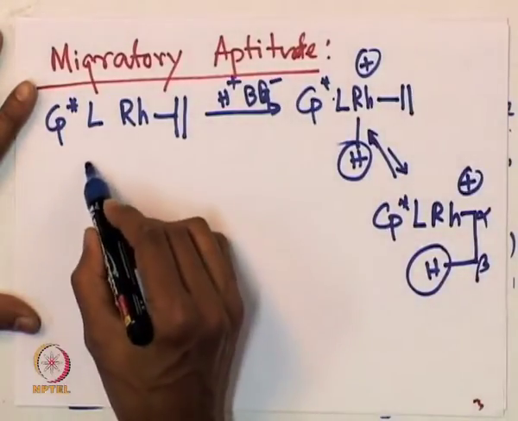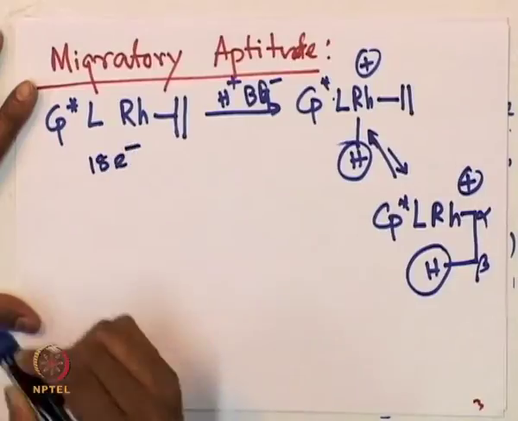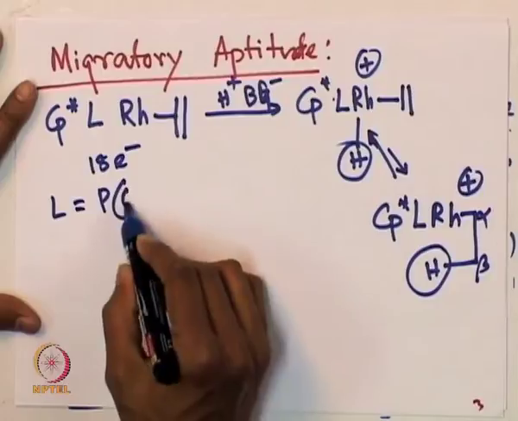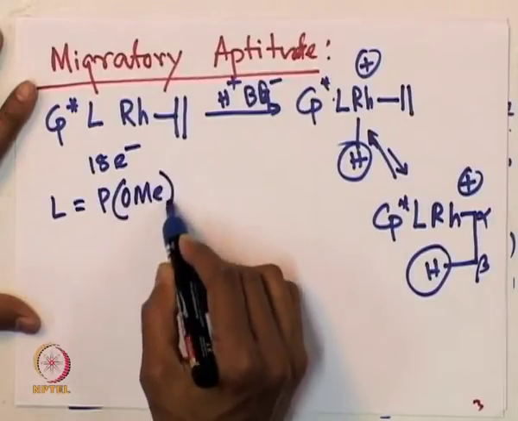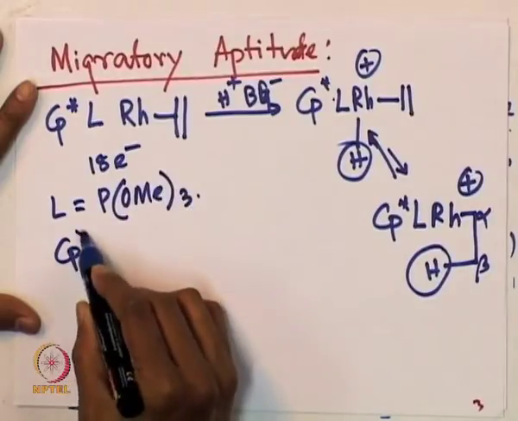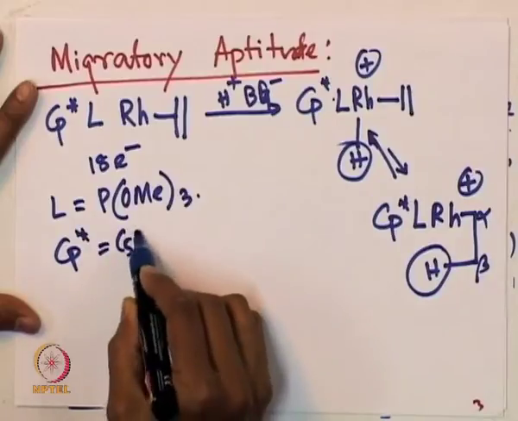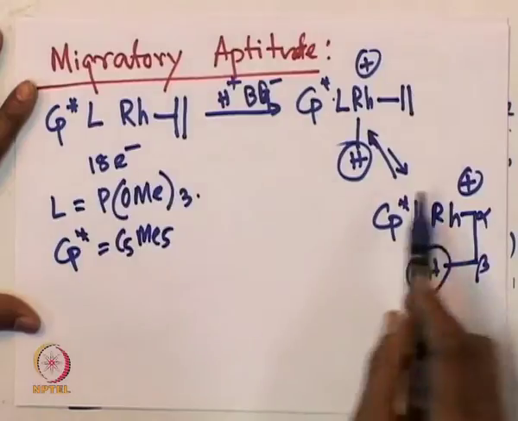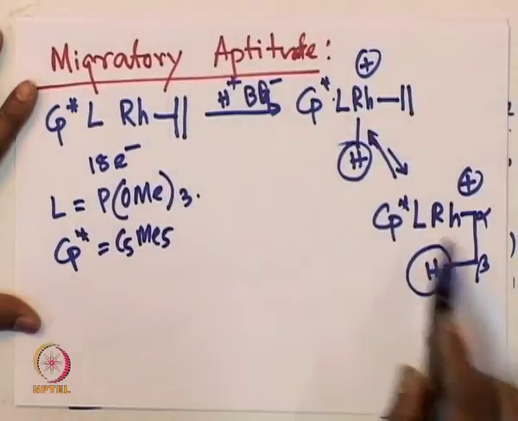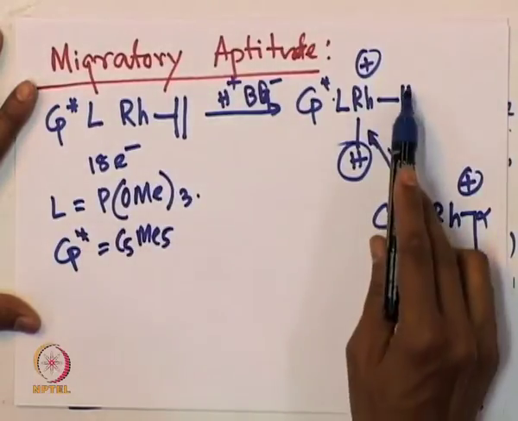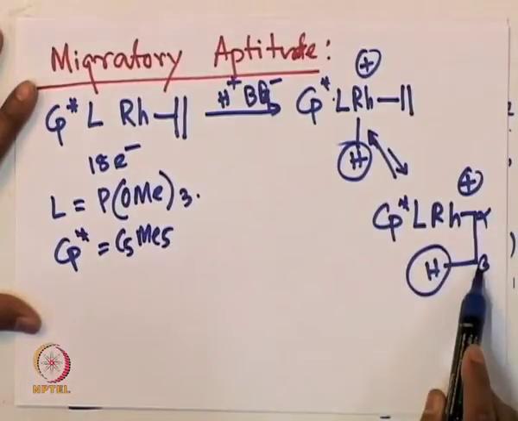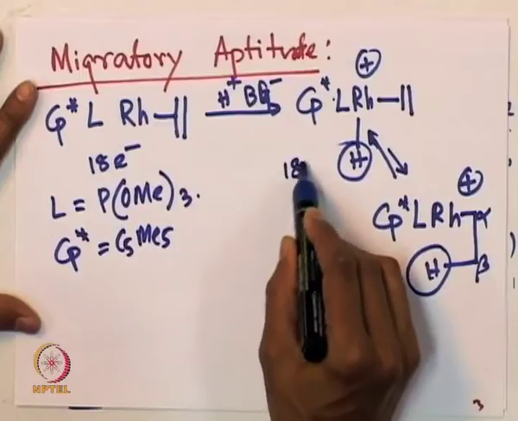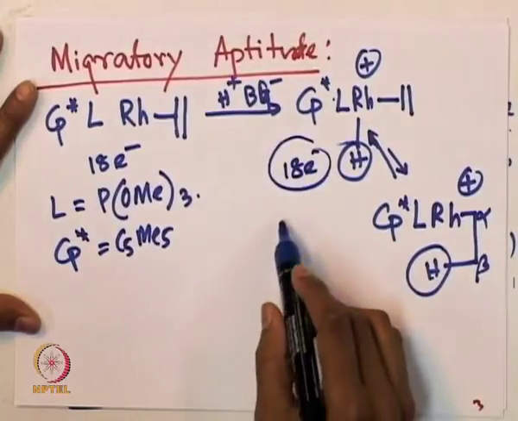Now if you do the electron count, I should have done that initially, this should be an 18 electron count, and this ligand could be trimethoxyphosphine, and Cp star, as you know, is C5Me5, right. So this is a beta migratory insertion where you have the hydride transferring to the beta position of this olefin. So alpha, beta position, hydride is getting transferred. Again this is an 18 electron complex and so on.